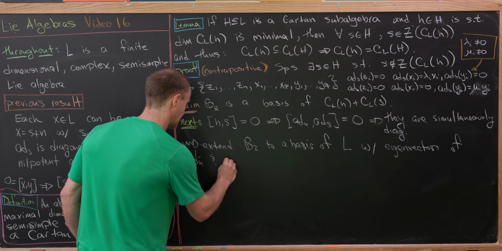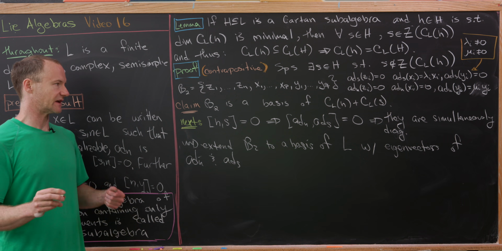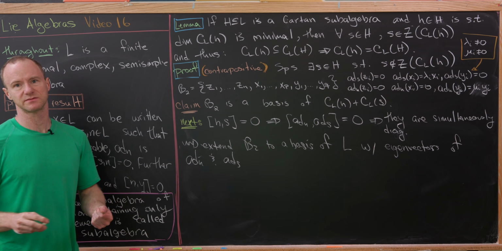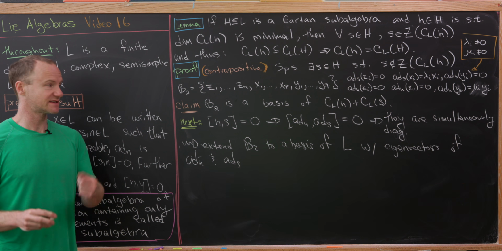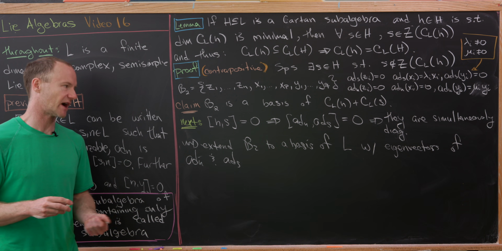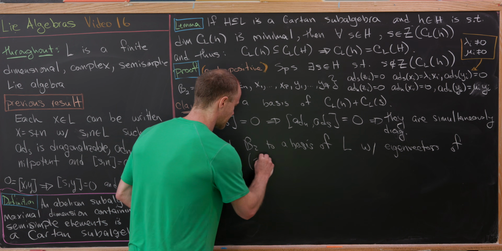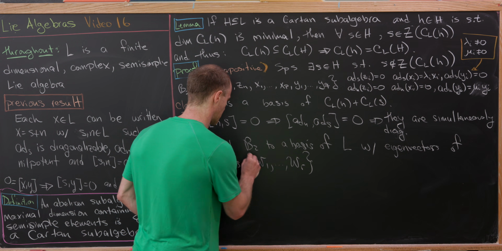H and ad S. I guess like the missing eigenvectors, because the basis B2 already contains, you know, a good portion of eigenvectors of both of them. But since they're simultaneously diagonalizable, then we have a basis of the whole space of eigenvectors. And so that's what we're doing here. So let's call these eigenvectors maybe W1 through WR.